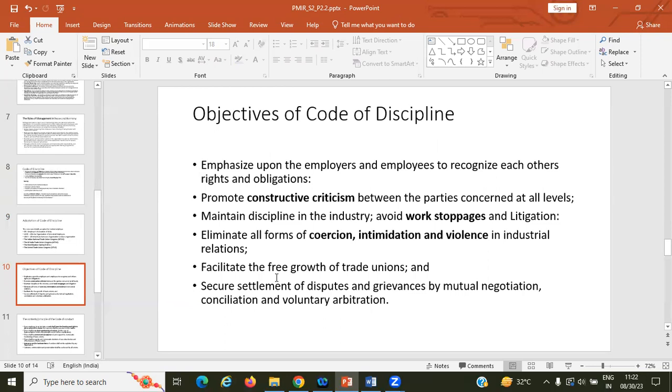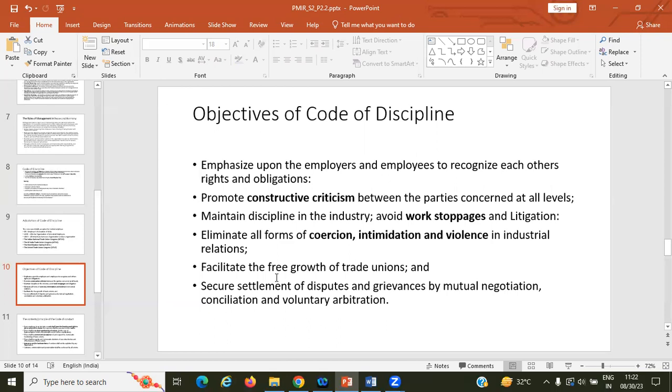So all these things should be written in the code of discipline. So there is no question of exploitation. Emphasis upon the employers and employees to recognize each other's rights and obligations. If someone is working with you, it doesn't mean that you can ask anything.